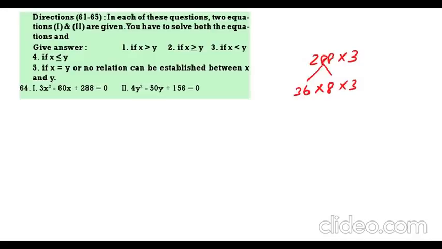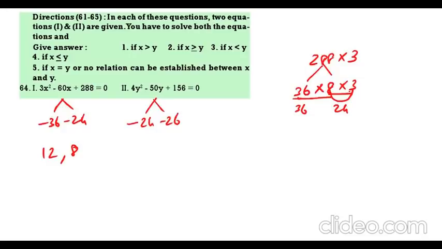So 36 into 8 is 288. This is into 3. Now 8 into 3, 24. So 36 and 24. 36, 24, 60. So minus 36, minus 24. Then 36 by 3, that is 12. 24 by 3, that is 8.